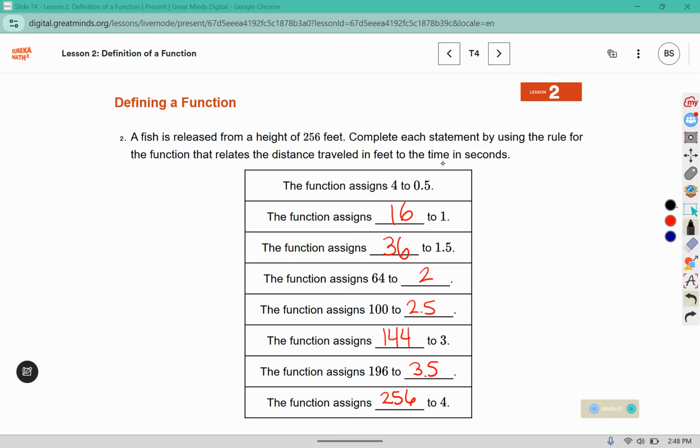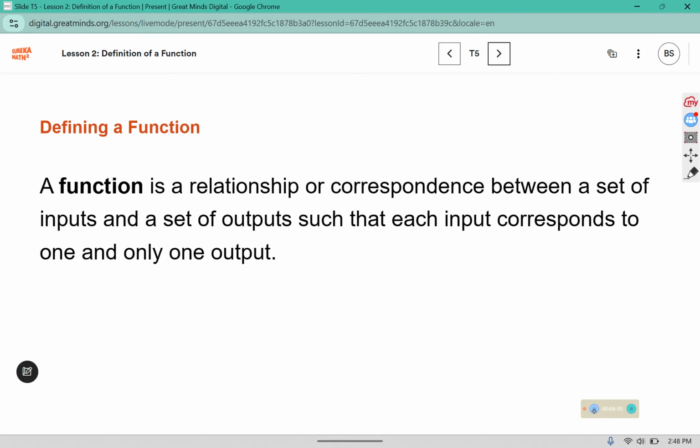So you can think of these as your x values and these as your y values. A function is a relationship or a correspondence between a set of inputs and a set of outputs. Typically, we describe these inputs as x and outputs as y, so that each input corresponds to one and only one output, meaning you can't be in two places at once.